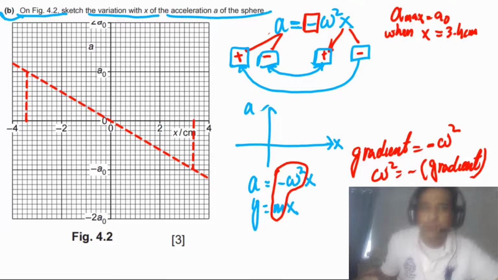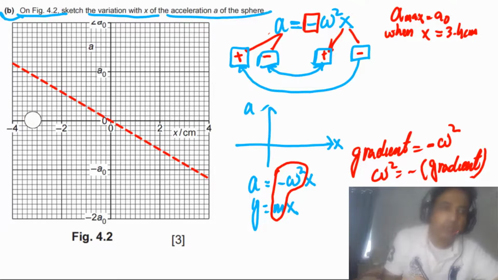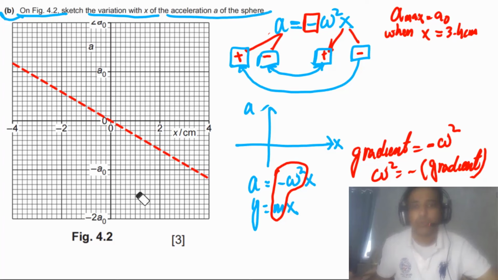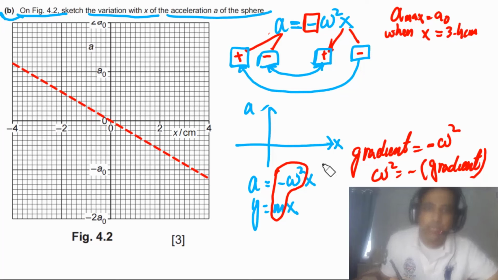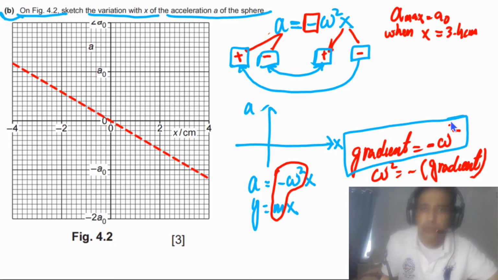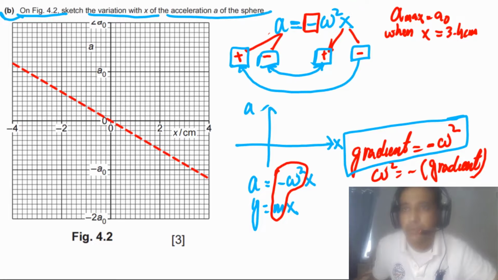We don't actually need these extra lines, so we can clear them. So this is how you need to sketch the graph, and the gradient of this graph is equal to negative omega square. Sometimes they will ask you to calculate omega square. So this is how you can answer a nice and typical question on simple harmonic motion.